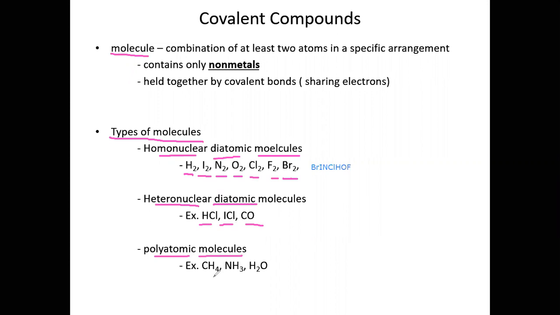There's a whole slew of polyatomic molecules: CH4, NH3, H2O, SO2, CO2, SF6, etc. And we're going to learn how to name these molecules with 2 different types of nonmetals as covalent compounds.